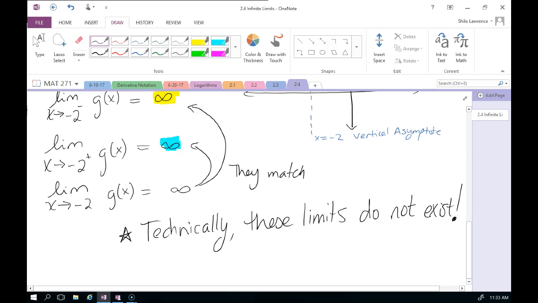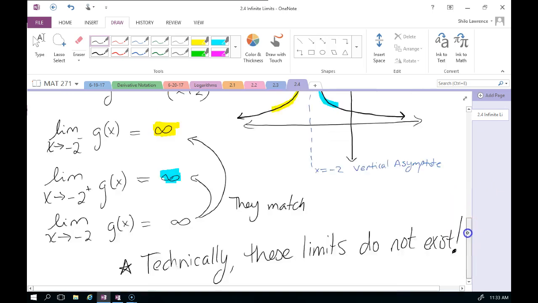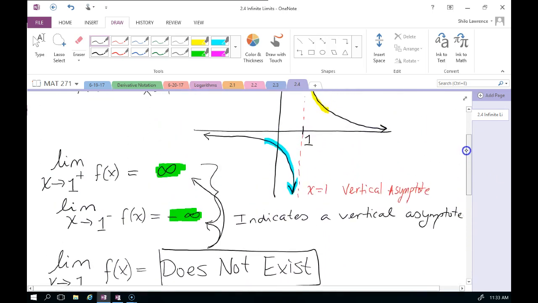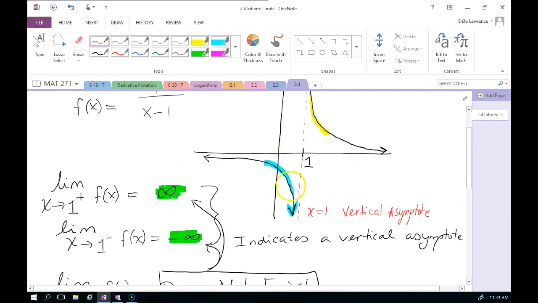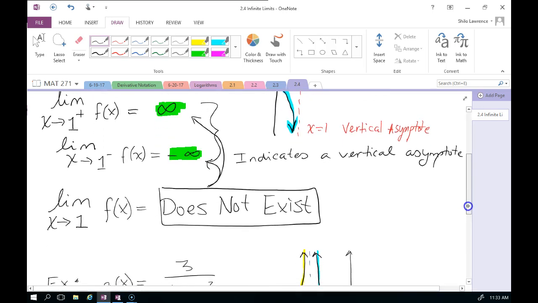But if we are being asked to do these limits, then we are being asked to describe the behavior of the graph. So we're going to say positive infinity, negative infinity. The only time we're actually going to say does not exist is when those two sides don't match up and we're doing the one that doesn't say specifically from the left or from the right.